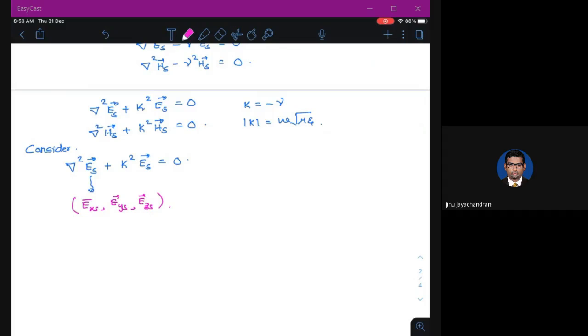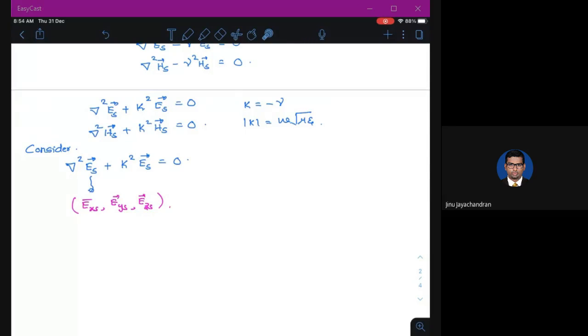Because you do del square Exs plus K square Exs, that is equal to 0. That is one equation. Then del square Eys plus K square Eys equal to 0. Then del square Ezs plus K square Ezs equal to 0. So you can get three different equations.